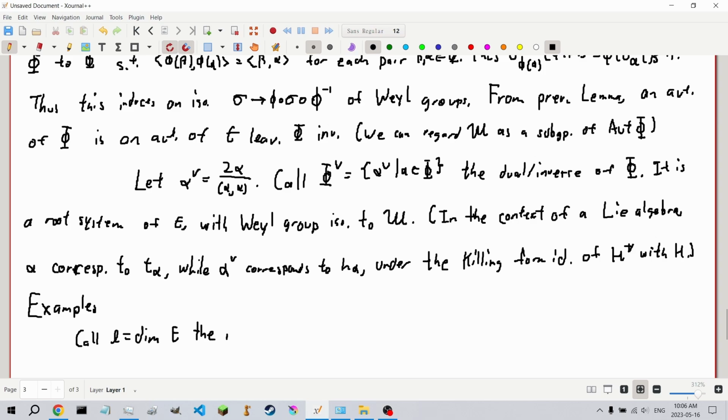We're going to call it the rank of the root system phi. For L less than or equal to 2, we can draw the root systems, which is where my inability to work with this is really going to shine.